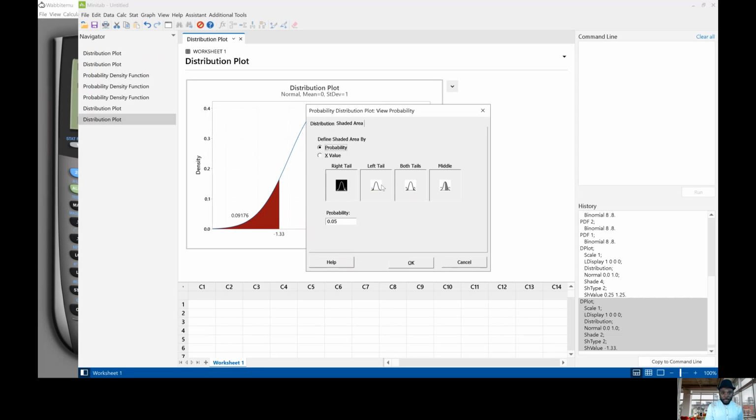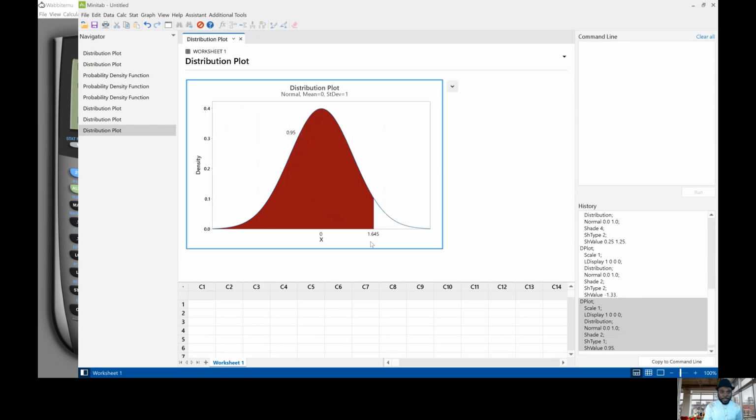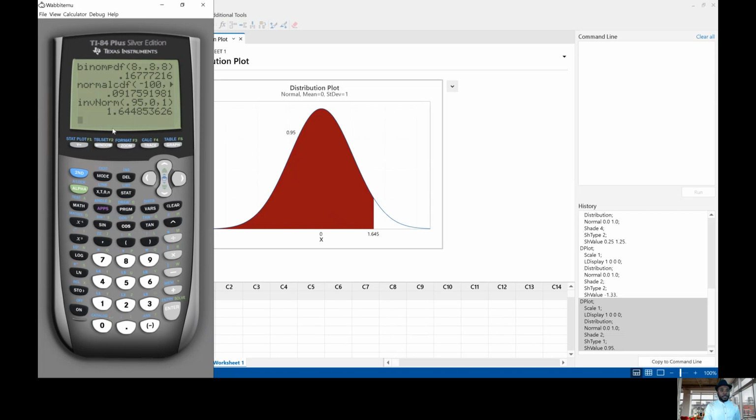Also the left tail. We're given a probability value of 0.95. Then you press OK here. And you can see that the z value is 1.645. That's exactly what we got with our calculator. So the inverse norm, that's the way to go.